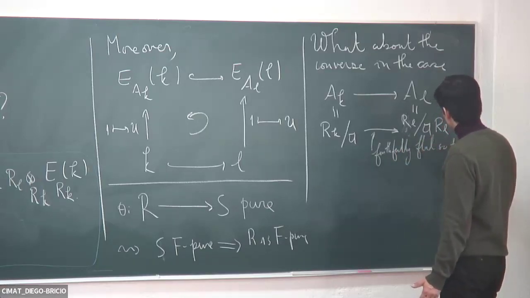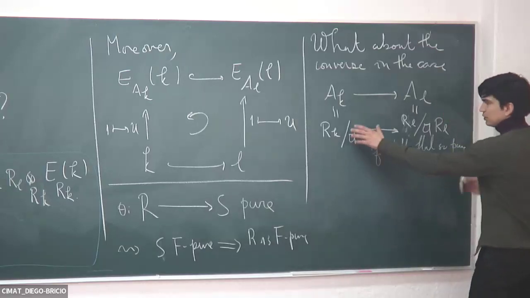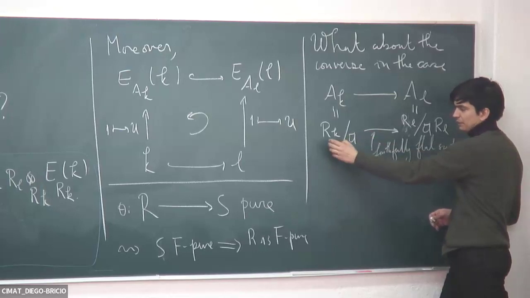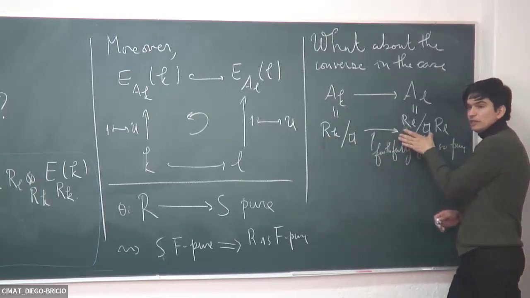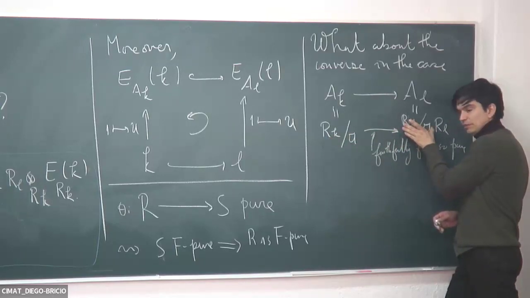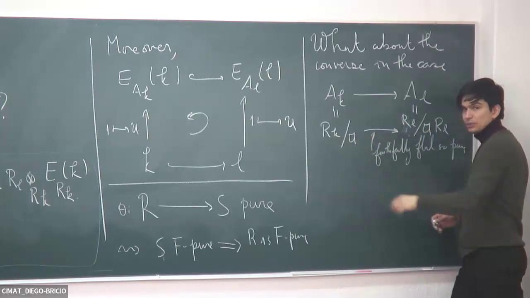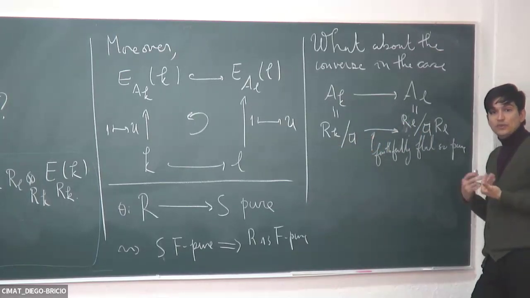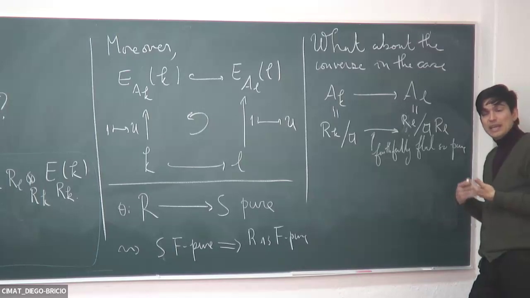So pure. Right? So you see the question I'm asking. This exercise here means that if this is impure, then this one is impure. But what about the converse? If this one is impure, does it mean that this one is impure? In other words, does the residue field play any role in impurity?